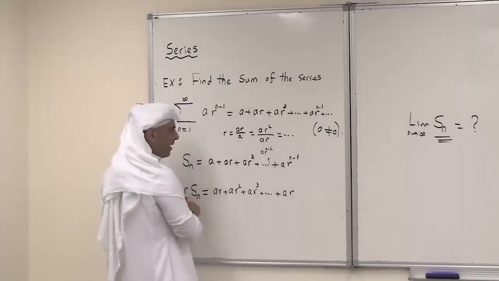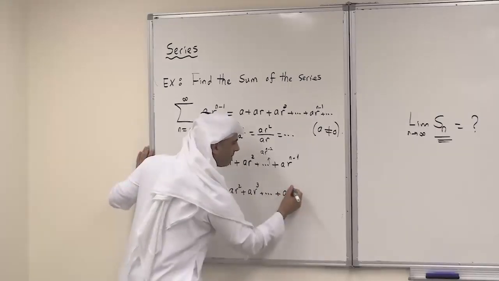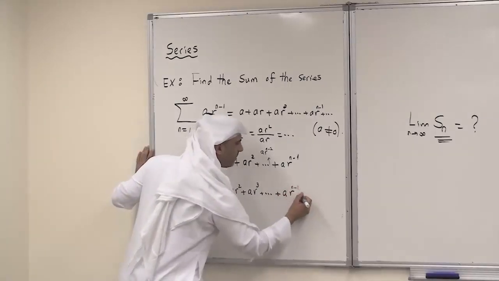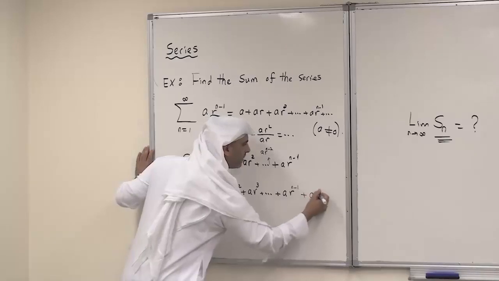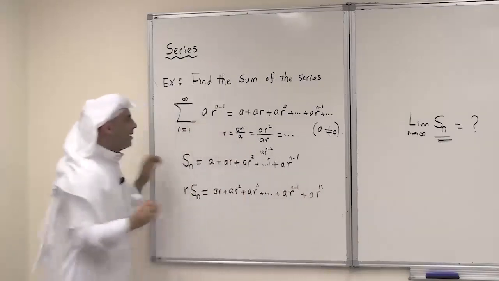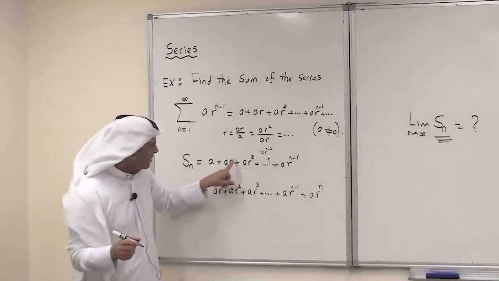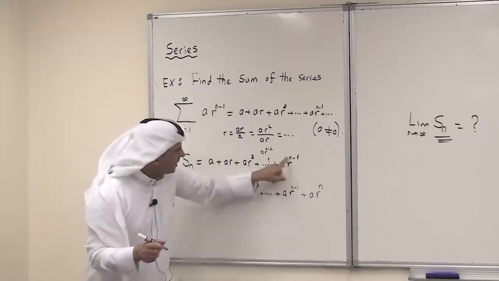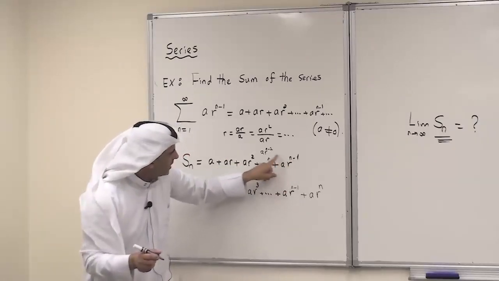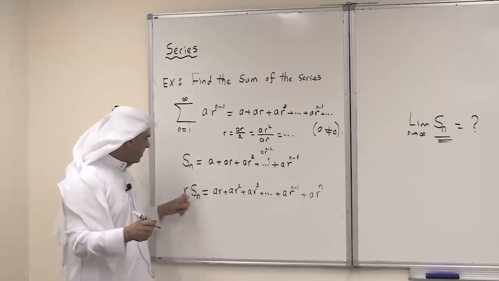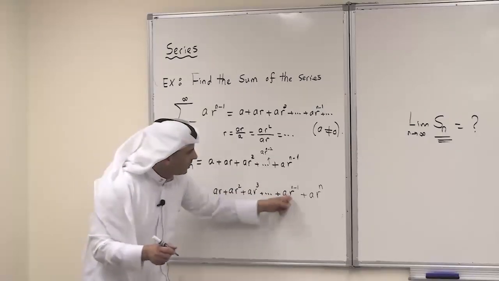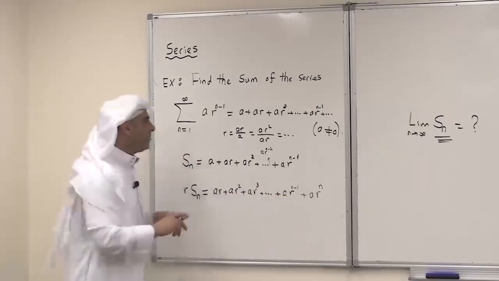When I multiply by r, it will be a times r to the power n minus 1. Plus, this will be ar to the power n. Okay? This is r squared, this is r to the power 1, this is r to the n minus 1. The previous one is r to the n minus 2. So once we multiply by r, we get ar to the n minus 1. Okay, fine.